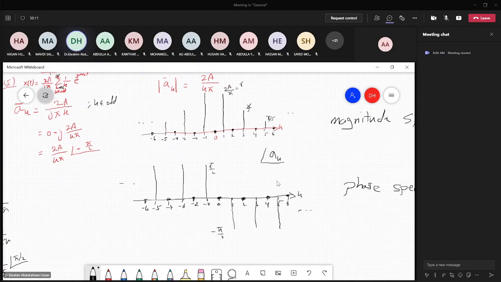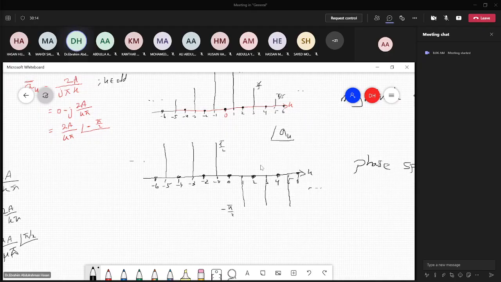And the angle is always odd symmetry. So again, just draw the positive side and repeat the negative side with a negative sign. So here we got minus pi over 2, then here we get pi over 2.